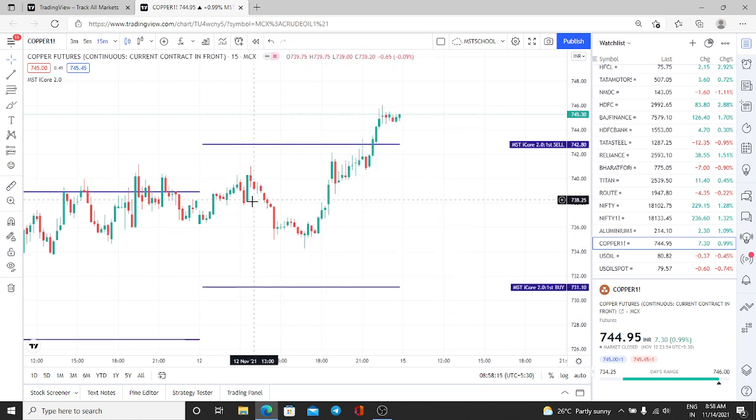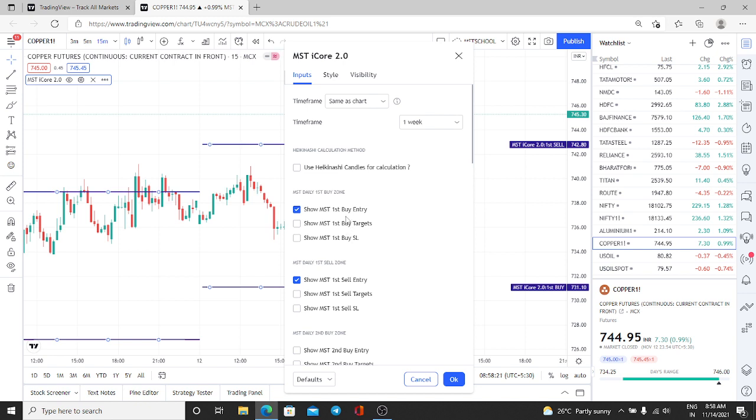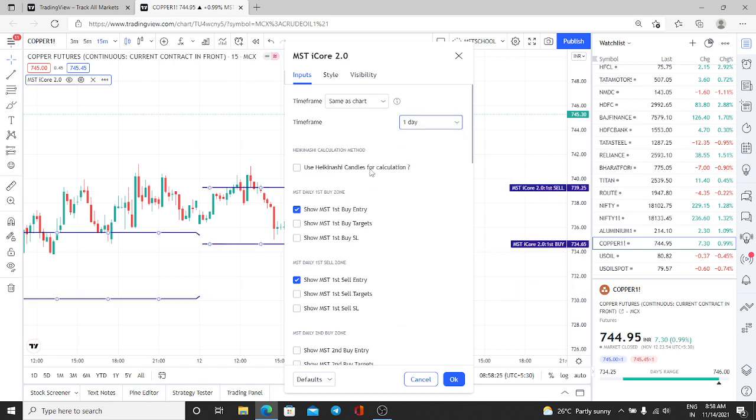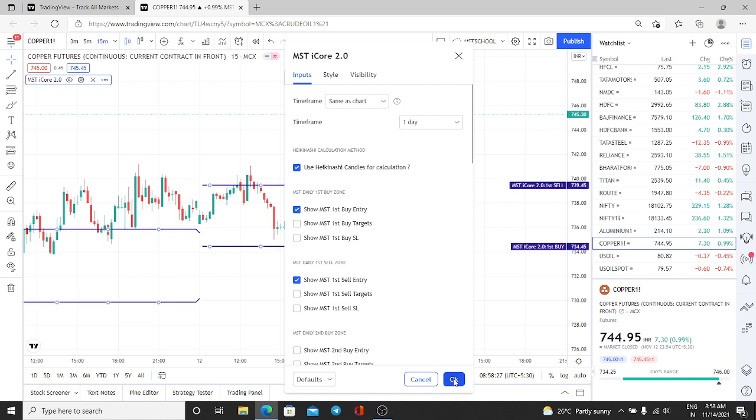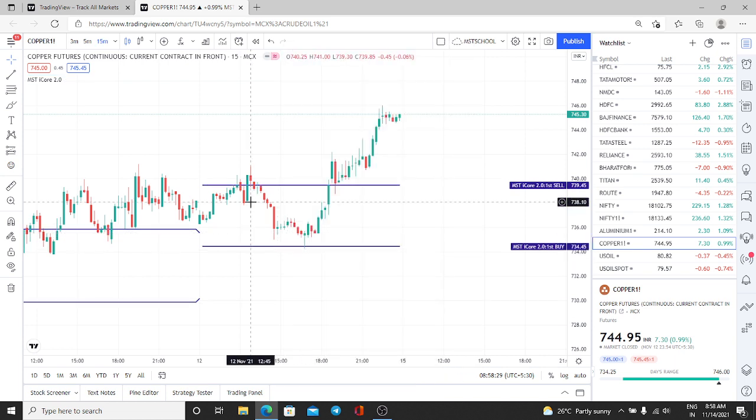The weekly time frame is much longer than the entry. Secondly, you can keep it at one day and change to Heikin-Ashi. Then the entry is a little distanced.